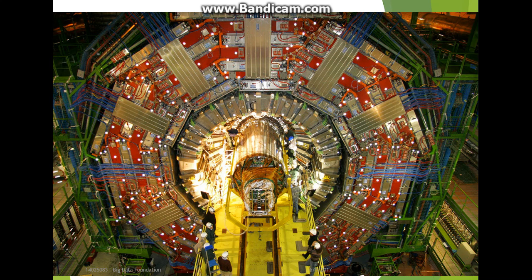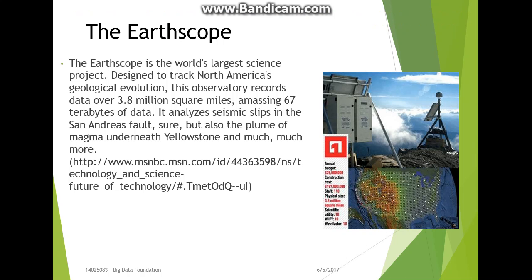Its picture shows the Large Hadron Collider in Switzerland, and this machine generates 15 petabytes per year. I can take another example named EarthScope.